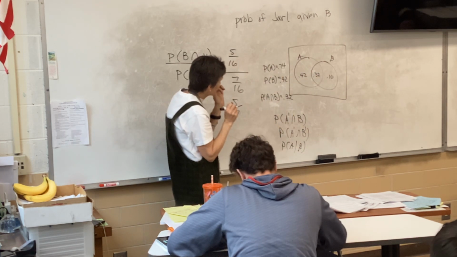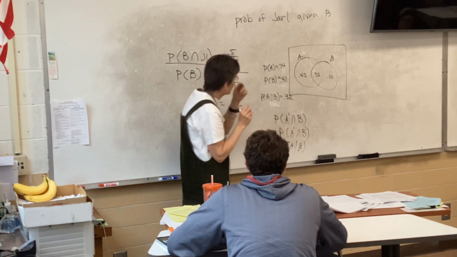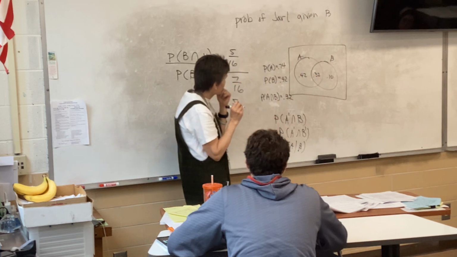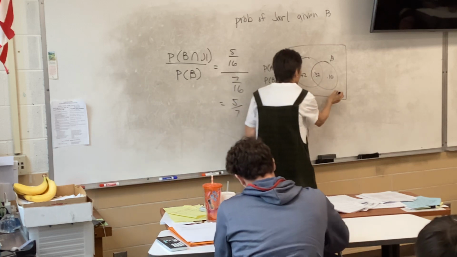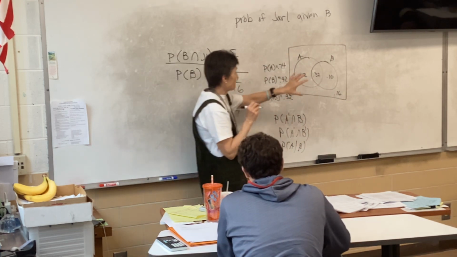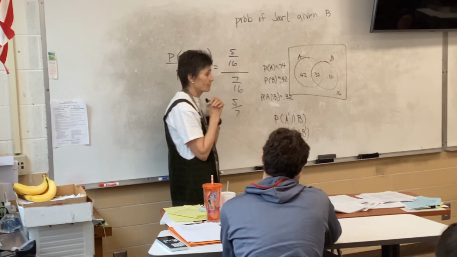Now, what do those add up to? All these, what do they add up to? 0.84, which means out here there must be 0.16. So we've got people who like apples, people who like bananas, and people who don't like either one.